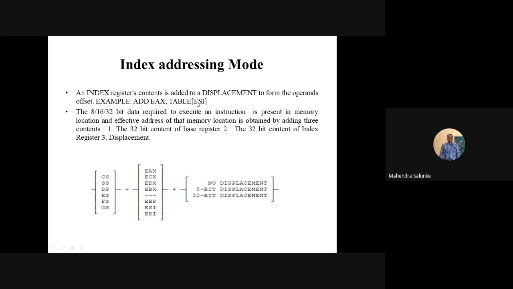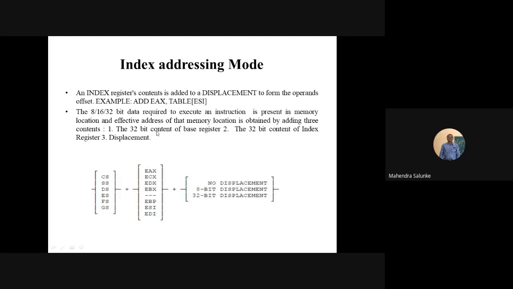Now what is this ESI? ESI is used as an index register within that table. So this register is pointing to the element within the table. As it is used as an index in that table, it is called index addressing.